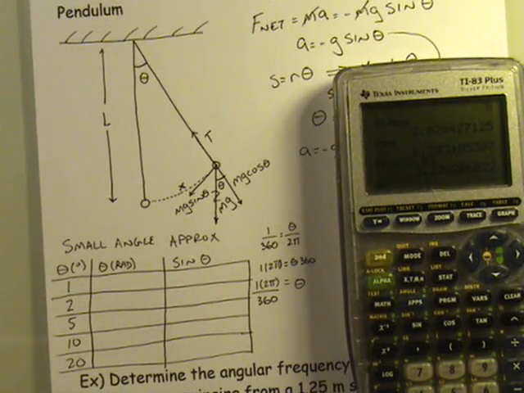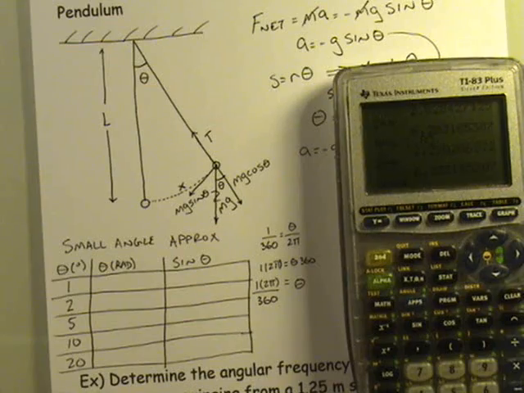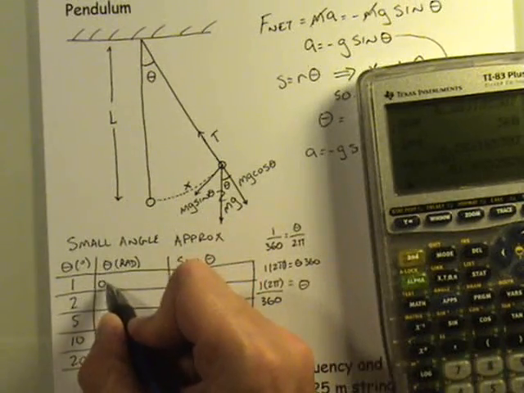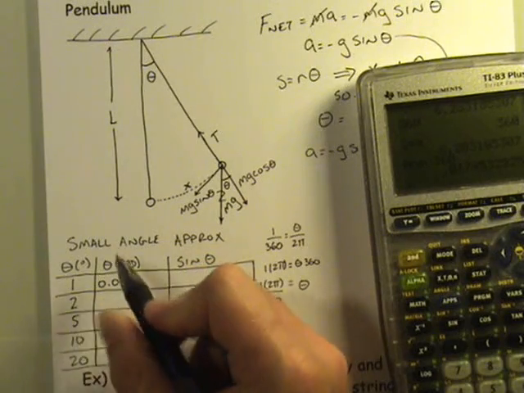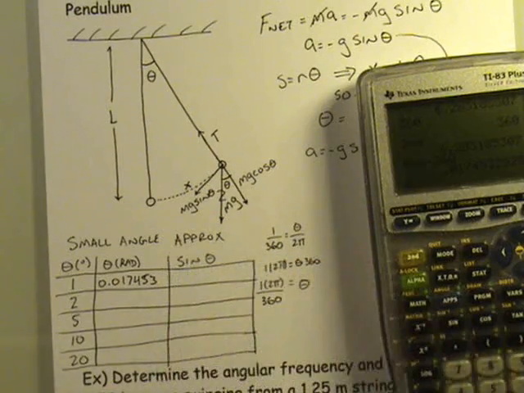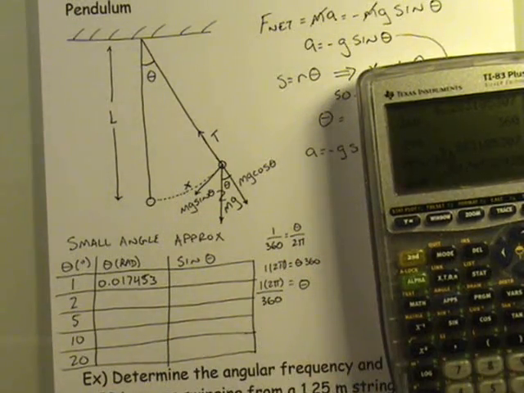So first of all, we have 1 times 2 pi divided by 360. And that's 0.017453. We're going to plug in 2 times 2 times pi divided by 360.